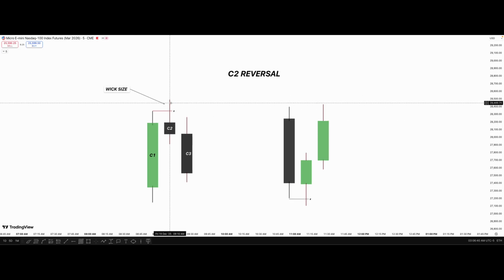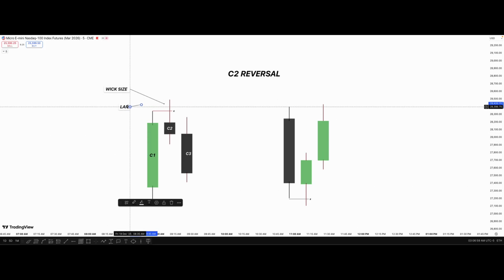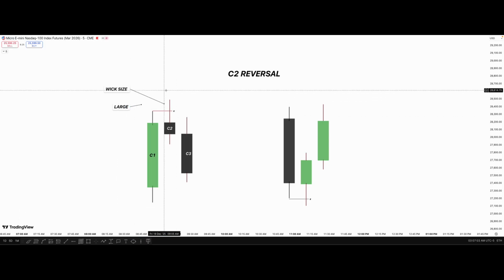So if you see a candle 2, which opened, went up higher, took out the high and closed inside, right? And if you see the wick size being very large, right? So this is your filter, right? To understand that the price has actually created a swing point, and then the price will distribute lower, right?